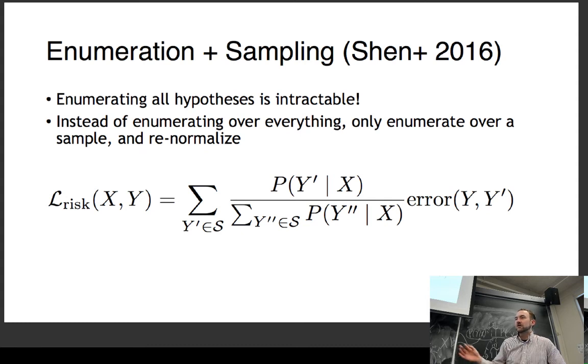So if you have several hypotheses that are very similar, it will basically push the better ones up and the worse ones down without actually changing all the parameters related to the things that are the same. The disadvantage of this is it's much more conservative than reinforce or something like this.